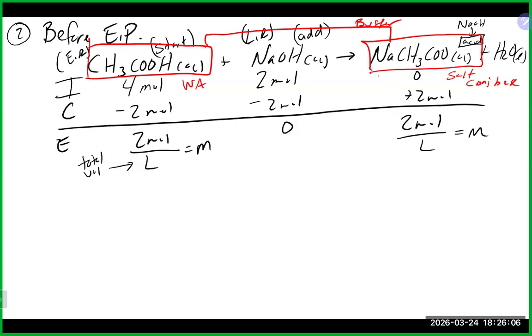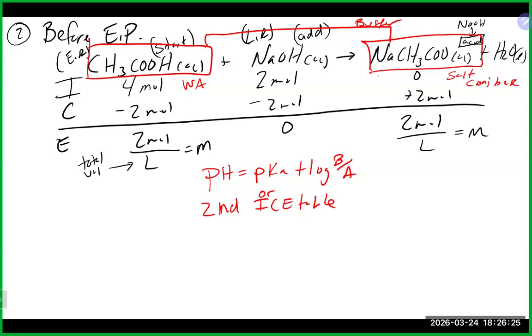And because this is a buffer, this is where we could use our friend Henderson-Hasselbalch to get the pH. Alternatively, if you don't want to use Henderson-Hasselbalch, you could do a second ICE table, a buffer ICE table, with acetic acid dissociating into H plus and acetate.